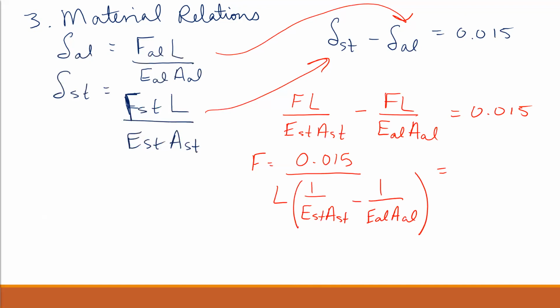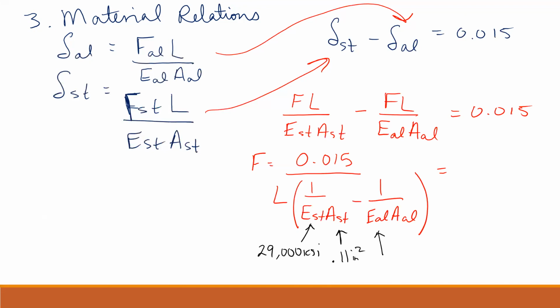Then we can plug in values from the problem. E steel is typically 29,000 ksi. The area of steel was given in the problem as 0.11 inches squared.